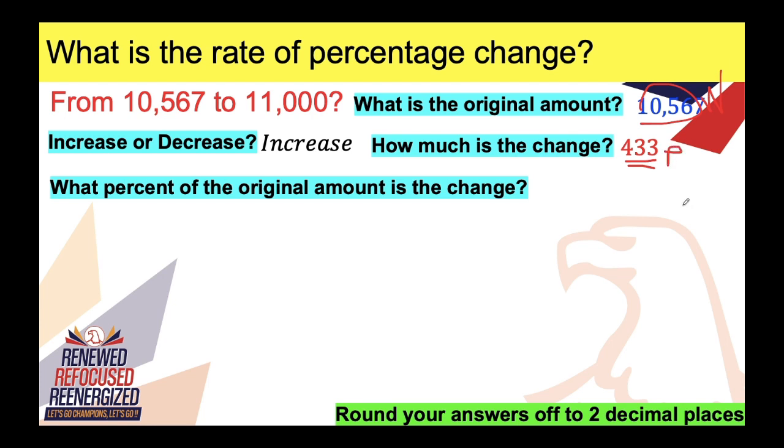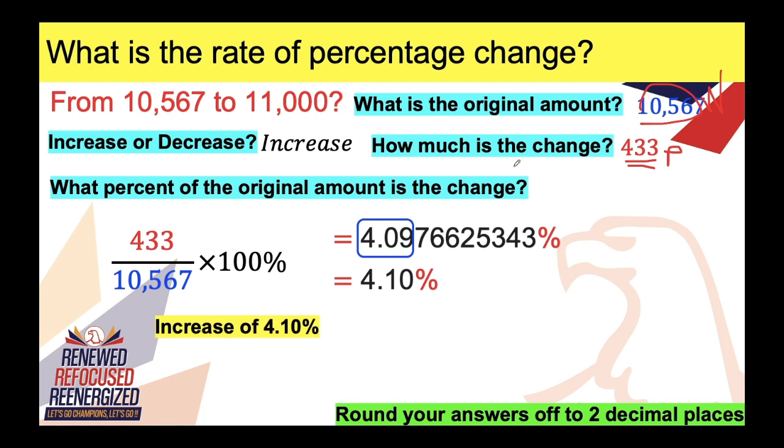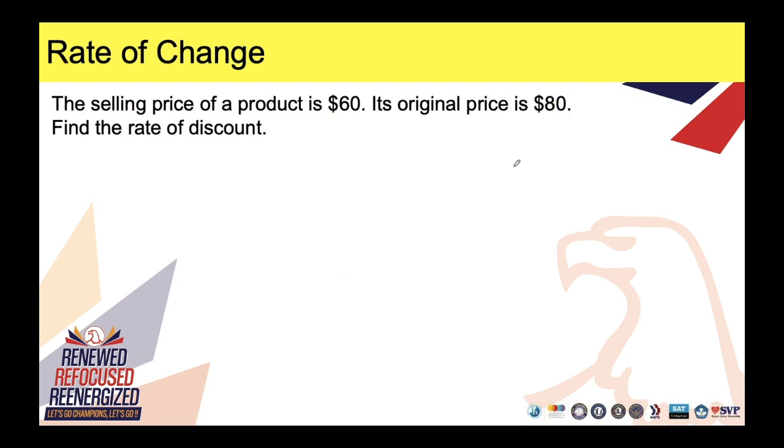That gives us the expression 433 over 10,567 times 100%. Therefore, we get this to two decimal places. Since this digit is greater than 5, we add 1 to this. This becomes 4.10%. Remember, this is an increase, so we say an increase of 4.10%. Once again, pause this video and try this on your own.